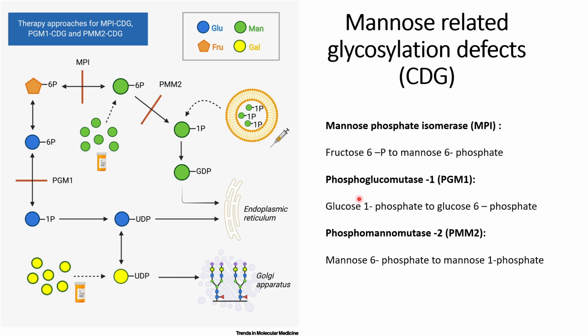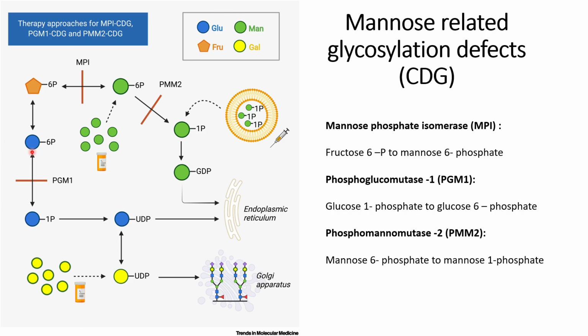Next one is the abnormal functioning of phosphoglucomutase 1. Because of this, the conversion of glucose 1 phosphate to glucose 6 phosphate gets weakened, and because of that the further processing will get affected, and the cells will observe a weakened GDP mannose.